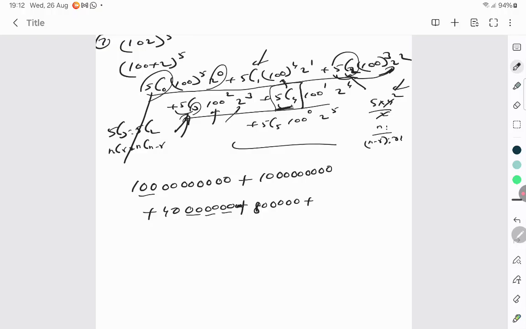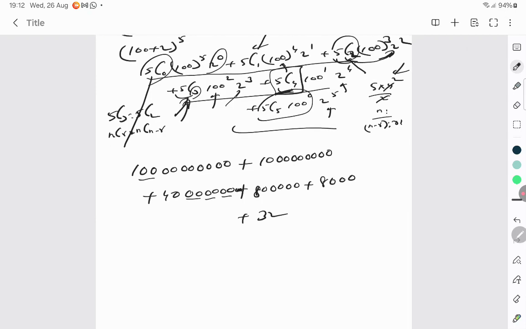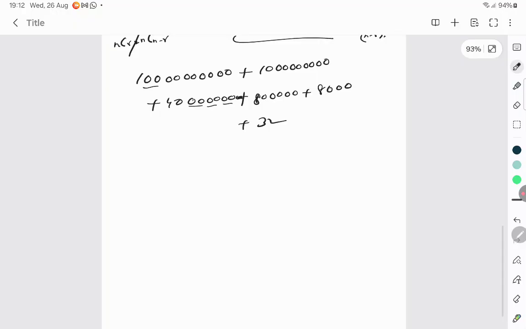Plus 5c4 is the same as 5c1, which is 5. 2 to the 4 is 16, 16 5s are 80, with 2 zeros. Plus 2 to the power 5, which is 32. Just add these answers and check them against your book's answer.